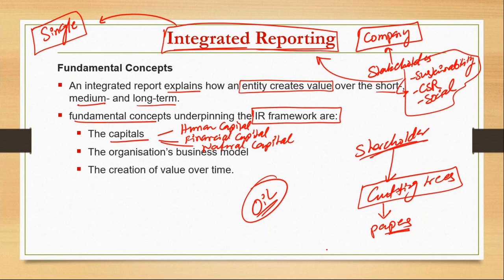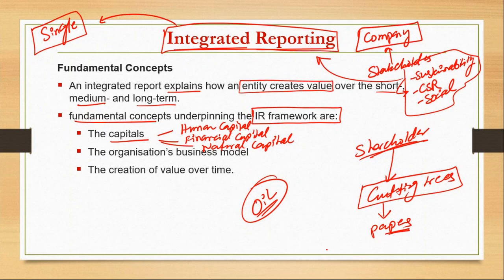So the IR framework says that all of the resources that a company uses are the capitals. Either it is using the employees, which is the human capital, or the natural resources, which is called the natural capital, or the cash being invested by the shareholders and the debt holders, which is known as the financial capital.